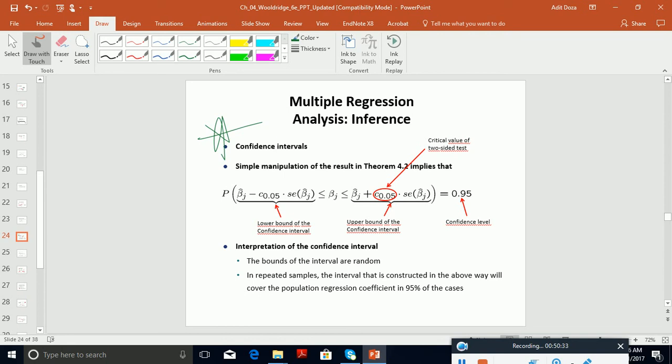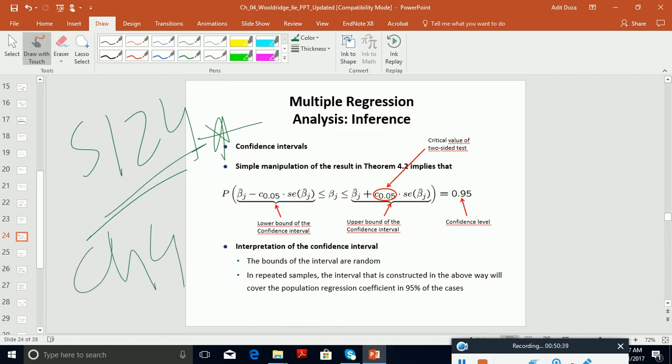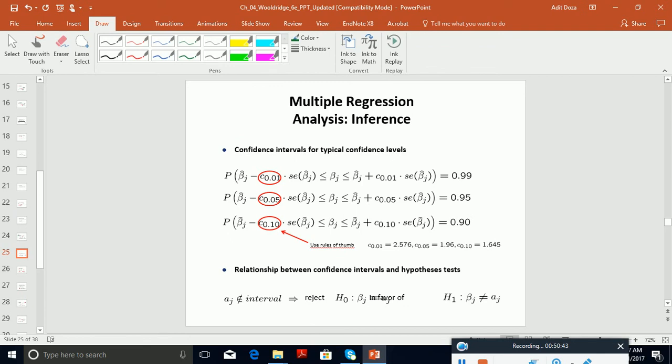So the confidence interval is slide 24 of chapter 4. Okay, 24-25. This will help you understand chapter 4 better.